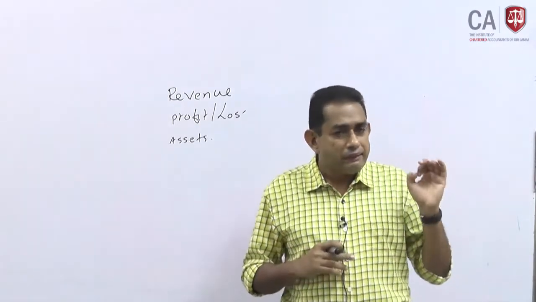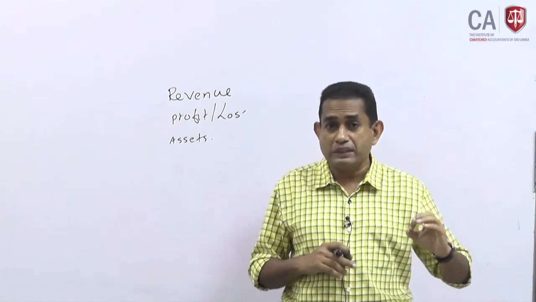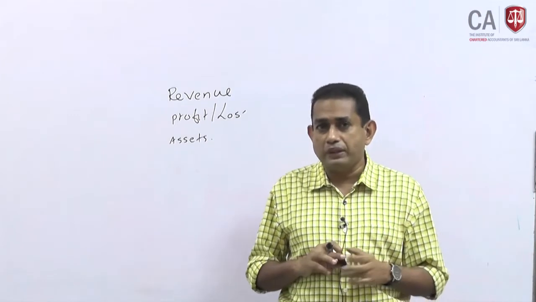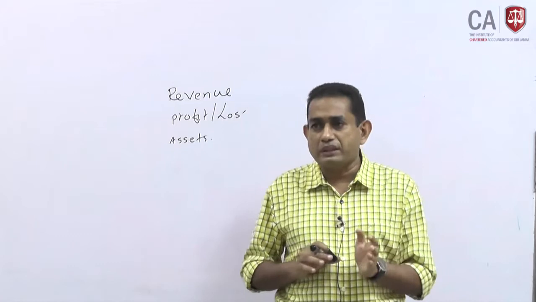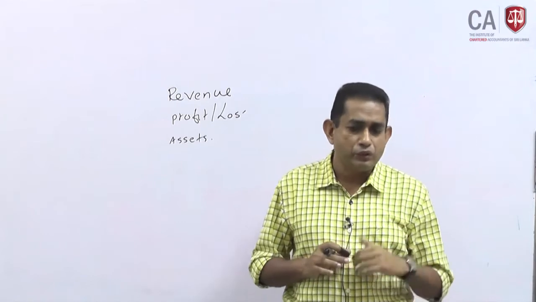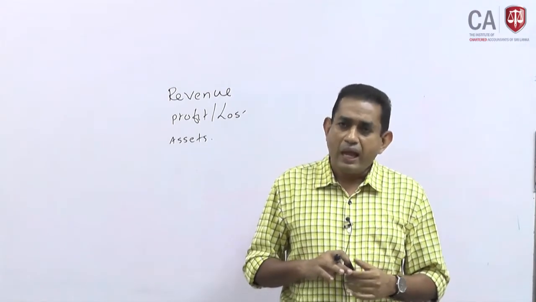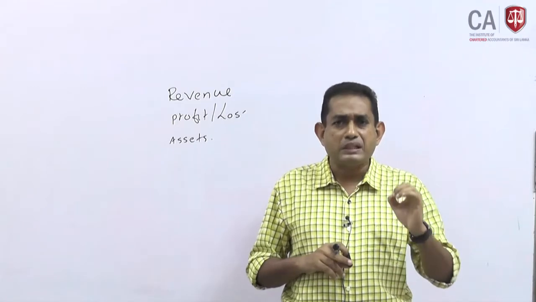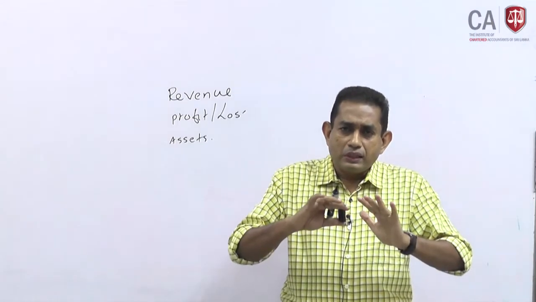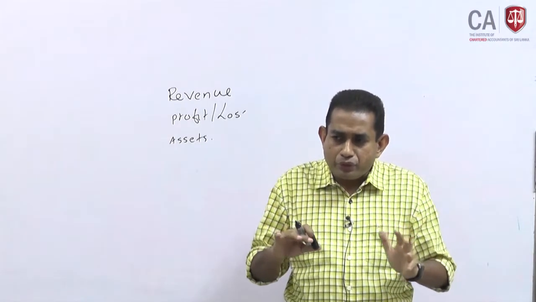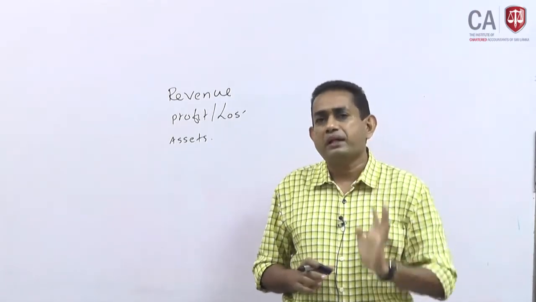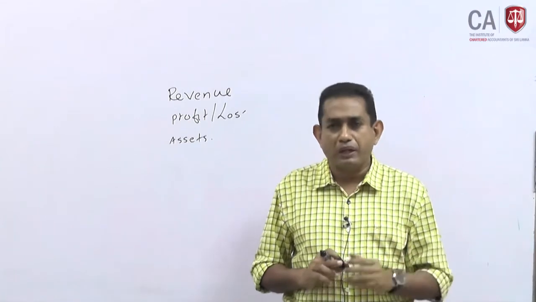Even if the first is not fulfilled, you continue to the second, and if the second is not fulfilled, you continue to the third. An operating segment does not become a reportable segment only if none of these quantitative thresholds is fulfilled. If at least one is fulfilled, that operating segment has to become a reportable segment.